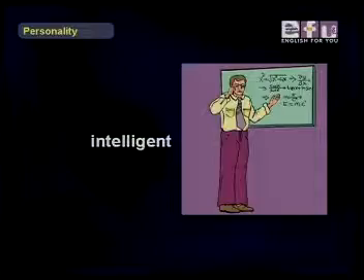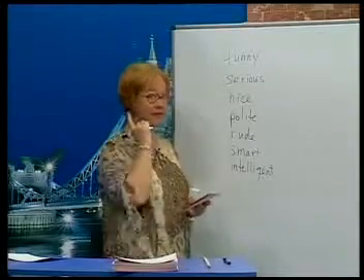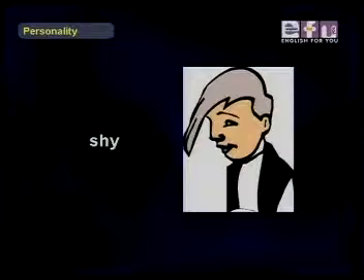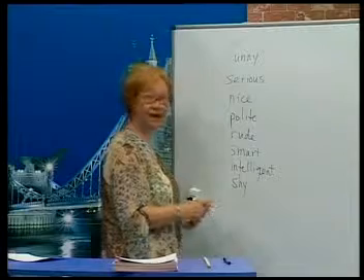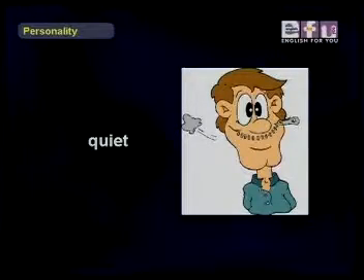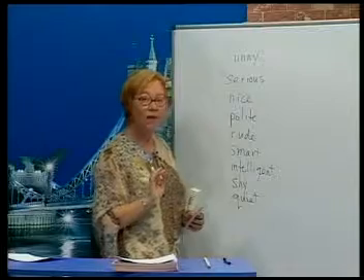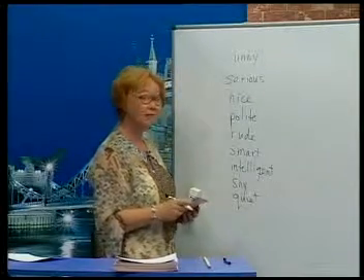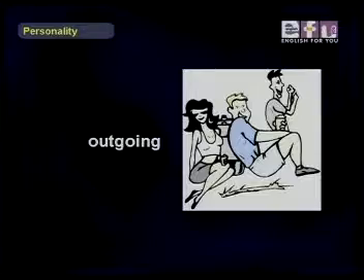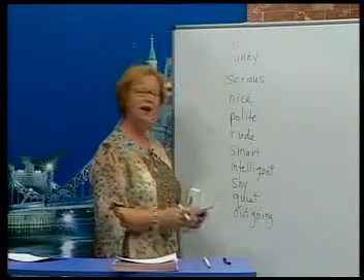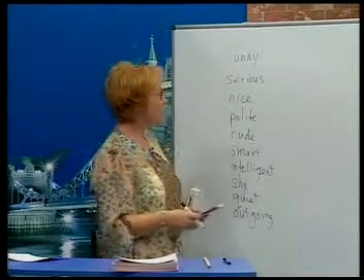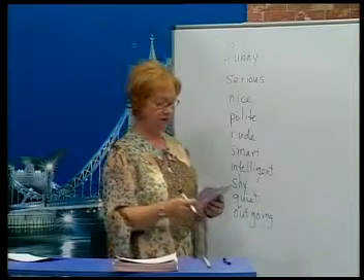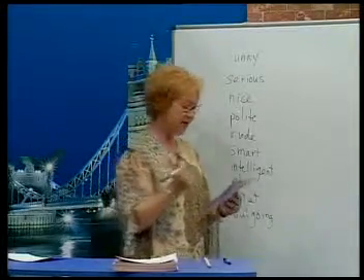Intelligent. Shy. Quiet. And outgoing. Now, we can make sentences the same way, but we can add and.